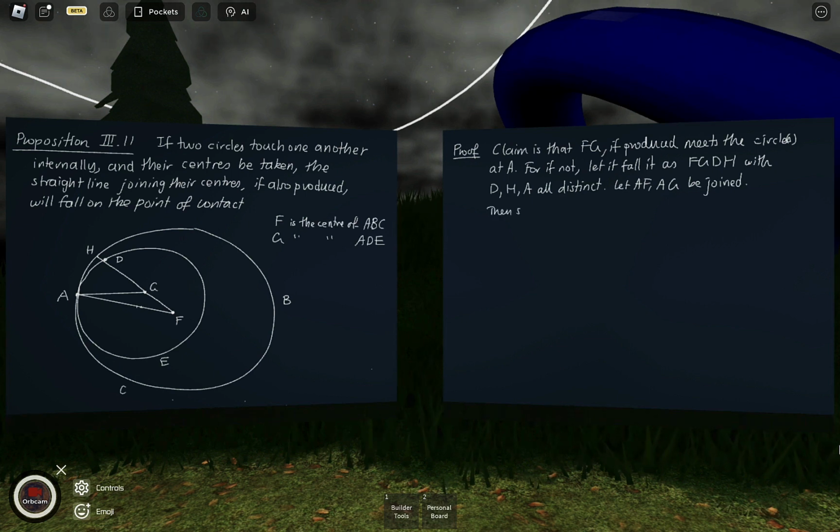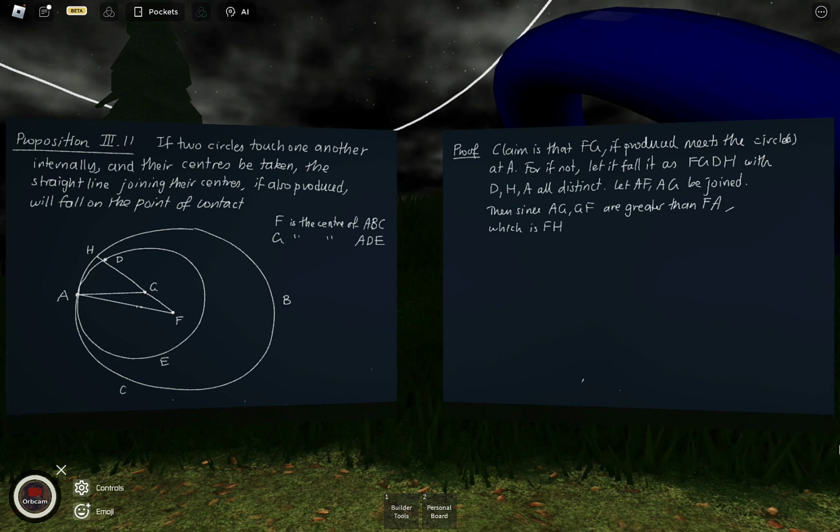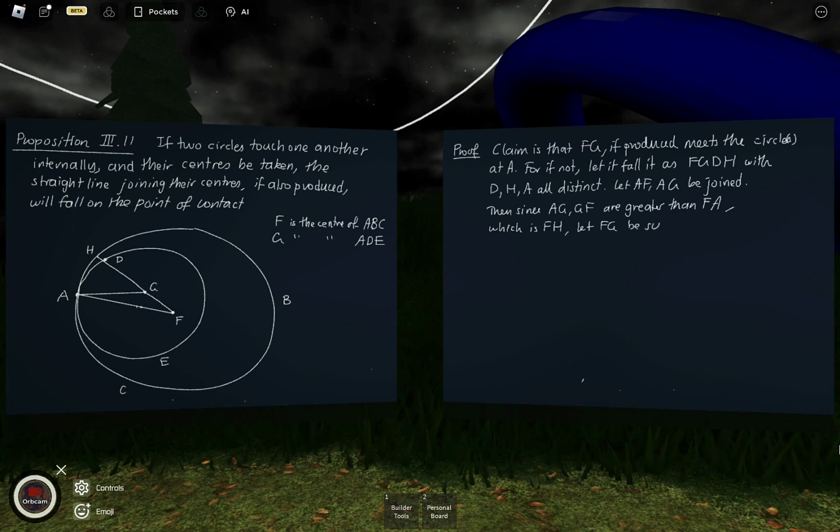Then, since AG, GF are greater than FA, we've cited that proposition enough times, I won't do it here. And FA is the same as FH, right? Because F is the center. Let FG be subtracted from each.